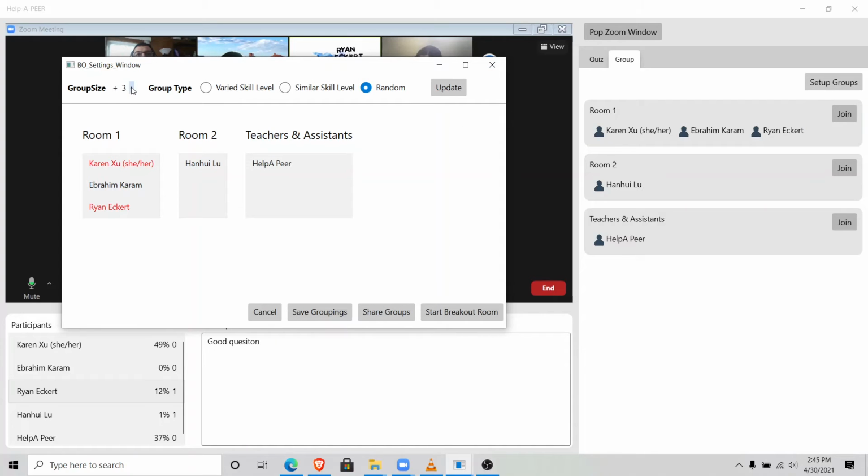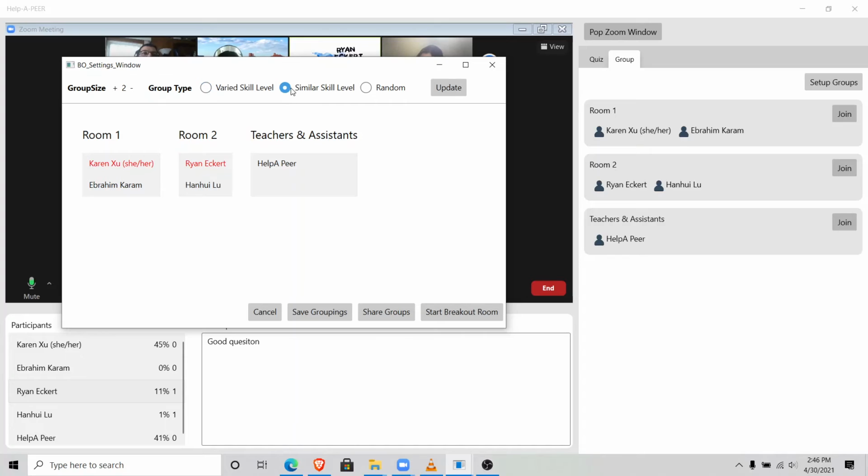So we've asked one question at the moment, which is what is the name of the project, and we had two different answers from Karen and Ryan, which weren't HAP or Help Appear. The system marks them in red, and we can group these students based on varied skill levels. So we would have this student with a student who's stronger, and this student with a student who's stronger.